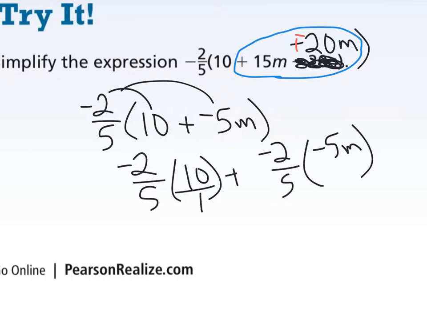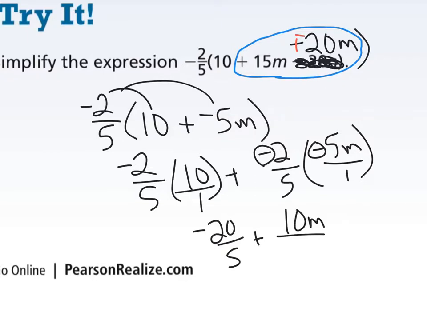Anytime with fractions, when you're multiplying, those whole numbers or integers you can put over 1. So we've got negative 20 over 5. Over here we got a negative times negative, which is going to be positive. Good. 10m over 5.